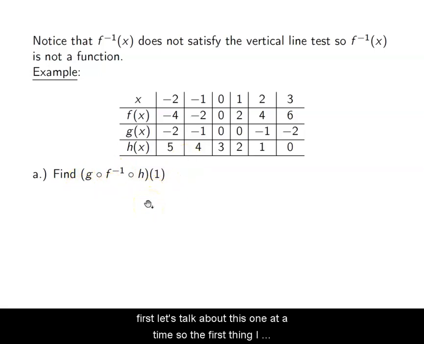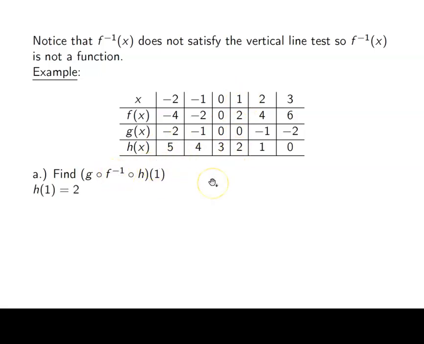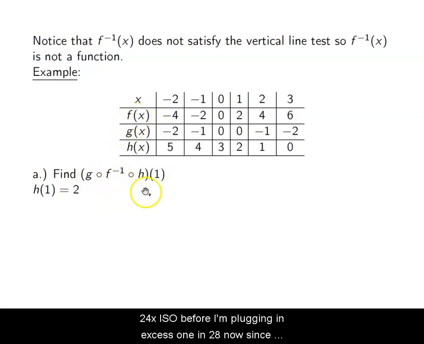So the first thing I want to look at is h of 1, right? So I go to x being 1, and I go down to the intersection with h, right? So h of 1 is 2. What I do then is I use the inverse for that, okay? So I'm plugging 2 into f inverse, which means that I'm looking for what has an output of 2 for f. Before, I was plugging x is 1 into h.